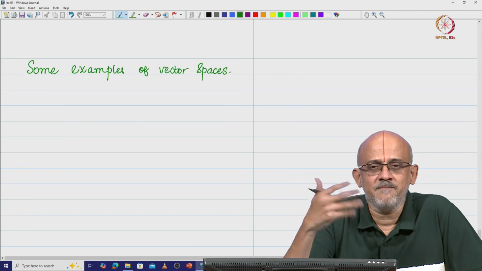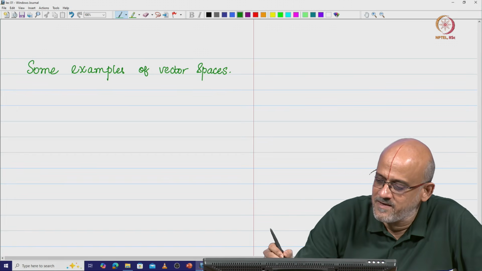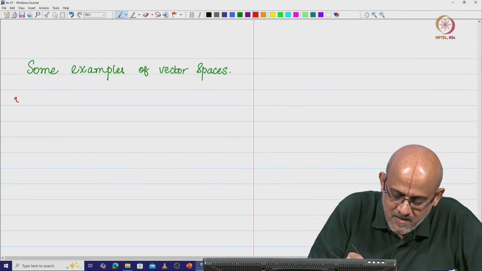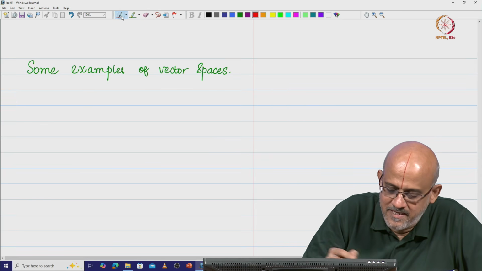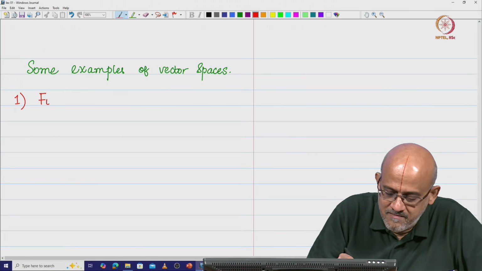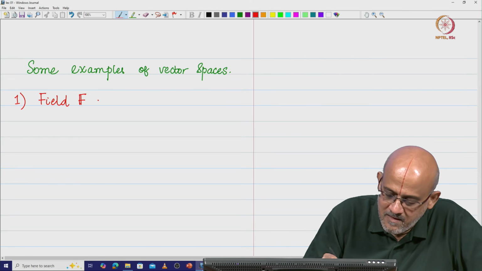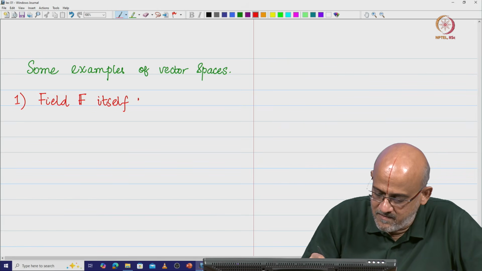Therefore, the simplest vector space that you can look at is the field itself. So the first one that we have is: the field F itself is a vector space.